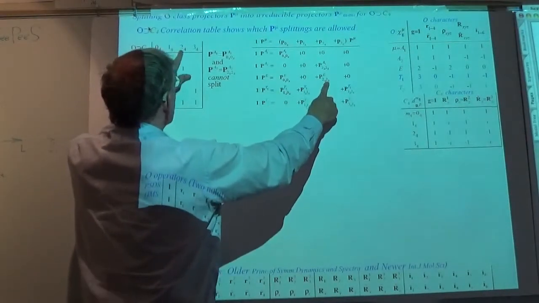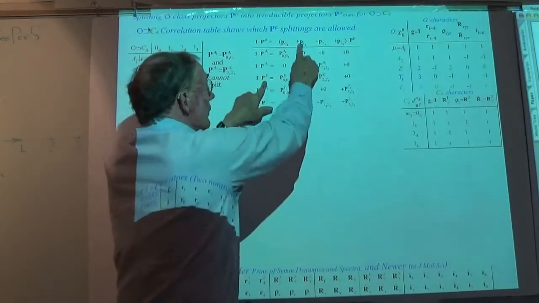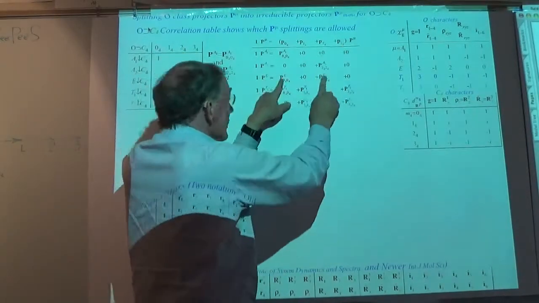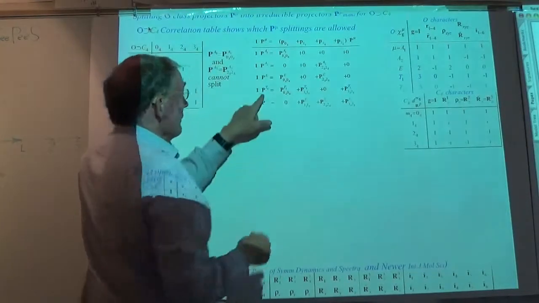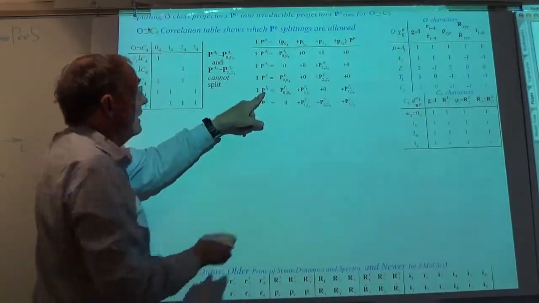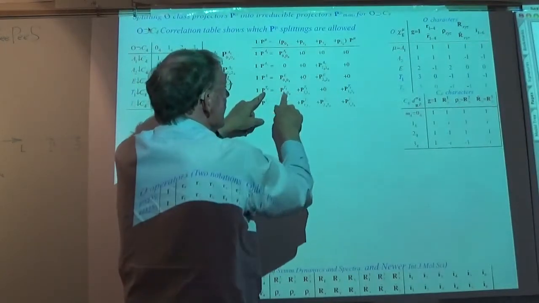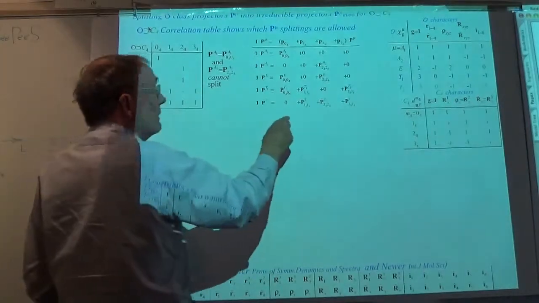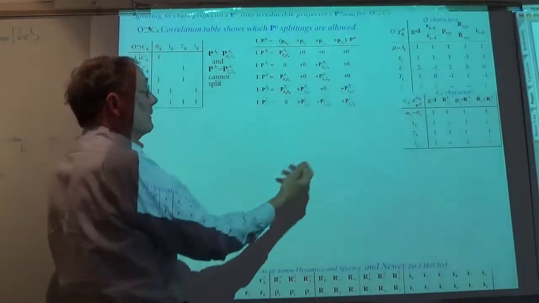0 mod 4 and 2 mod 4 is what we're going to split this one into. So I don't need to look for this one doing anything, and I don't need to look for this one doing anything. I just need to concentrate for E on those two. And then for T1, same thing, except I don't have to pay any attention to that one. It's only this, this, and this, that you see in the correlation table, that are going to give me a non-zero splitting product.